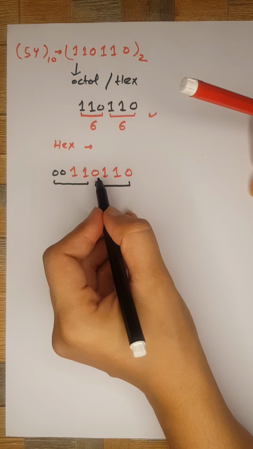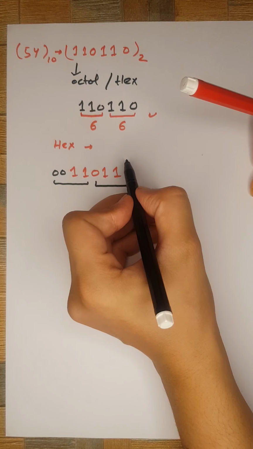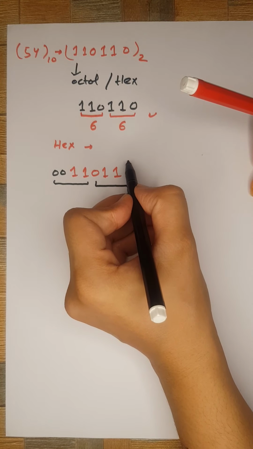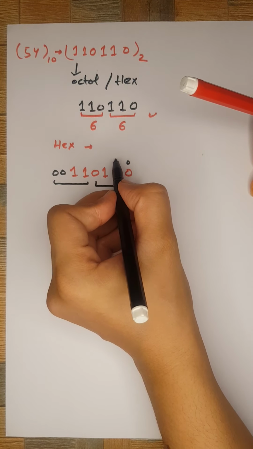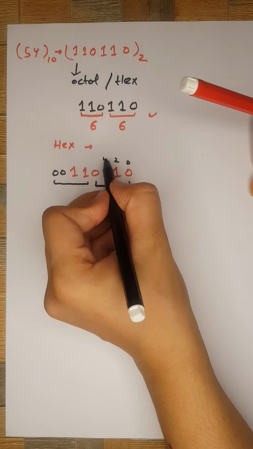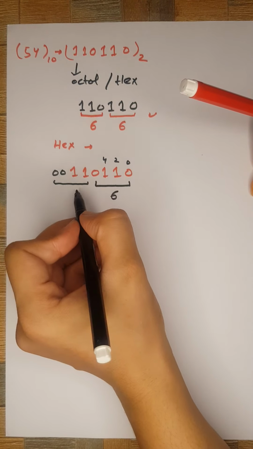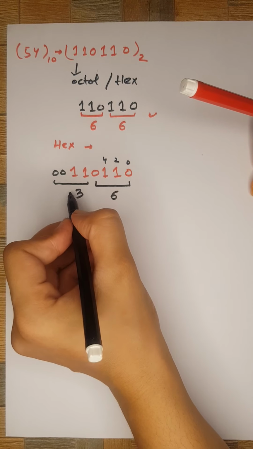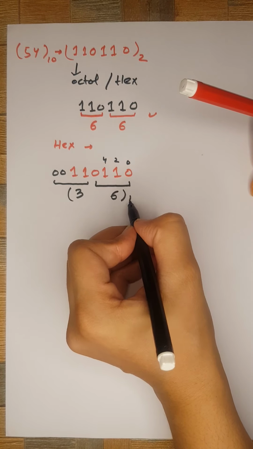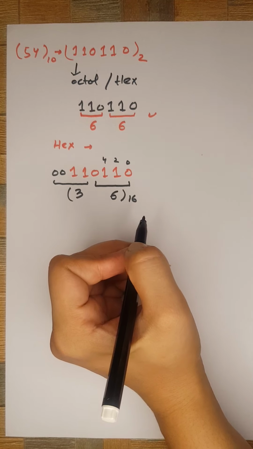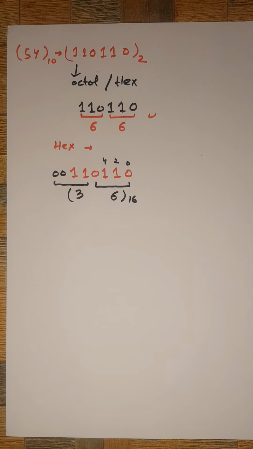Now we know that 0011 is equal to 3 and 0110 is equal to 6. The result is again the same as we did in the previous example.